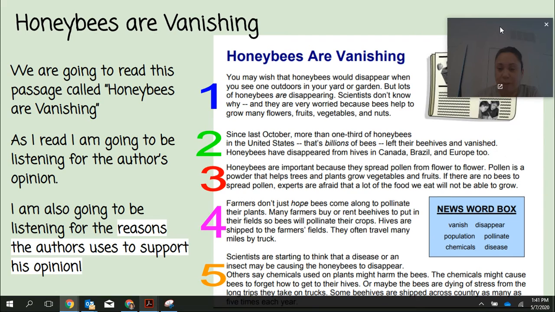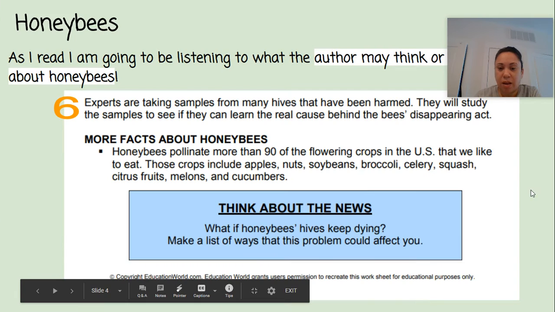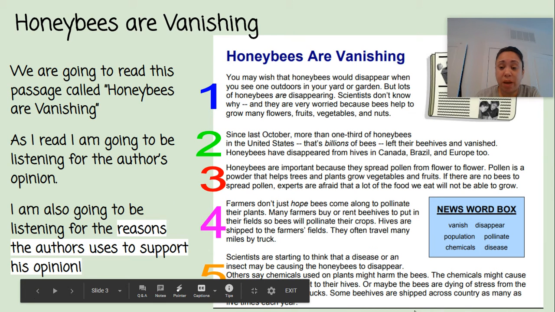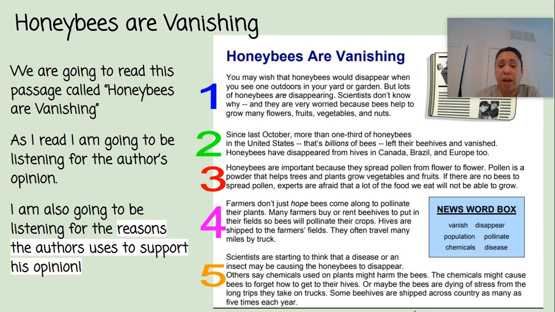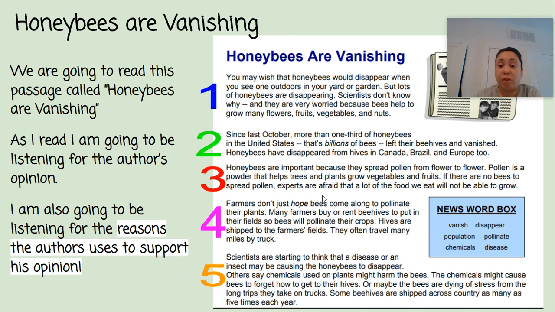Some of the things that the author was saying that I felt were extremely important is that if the bees were to go, then we wouldn't have the fruits and vegetables that we need.